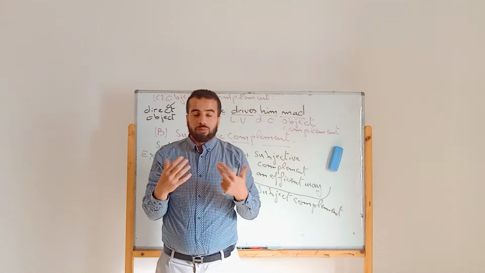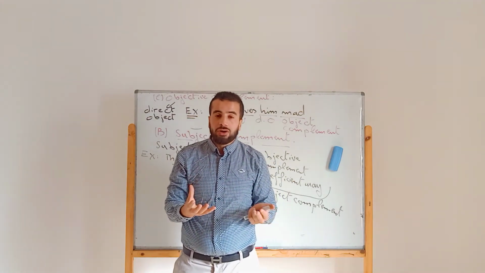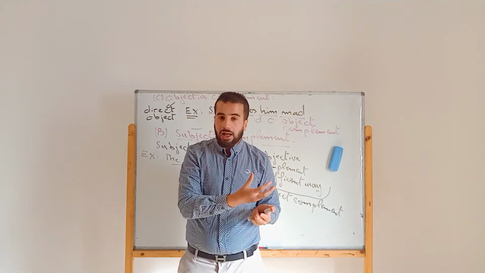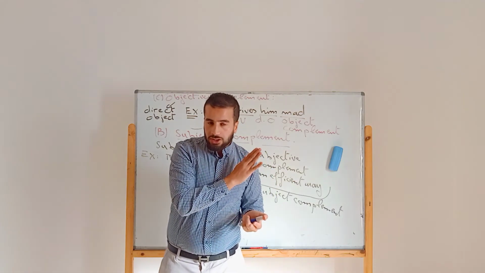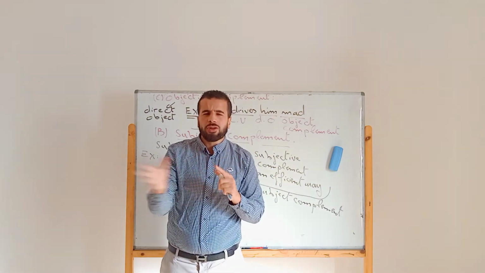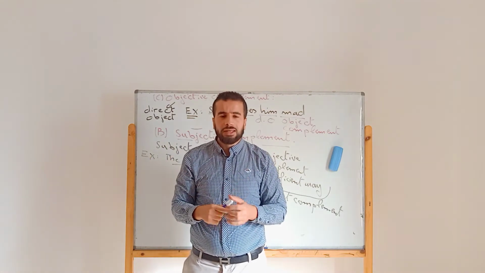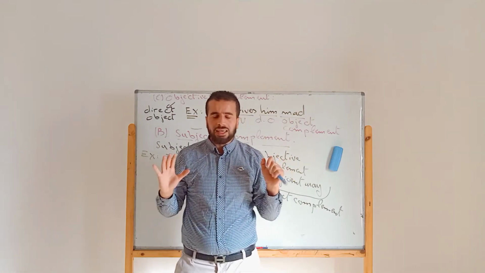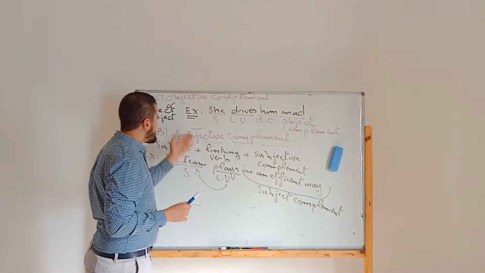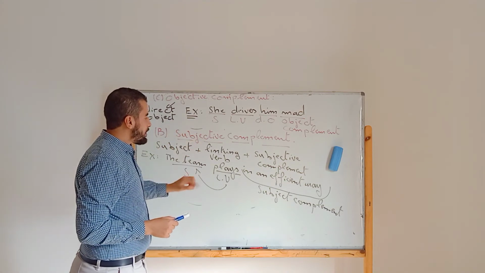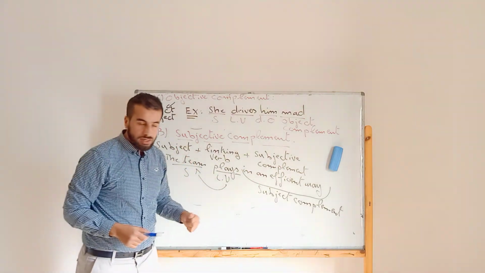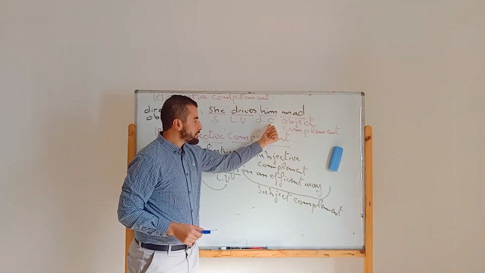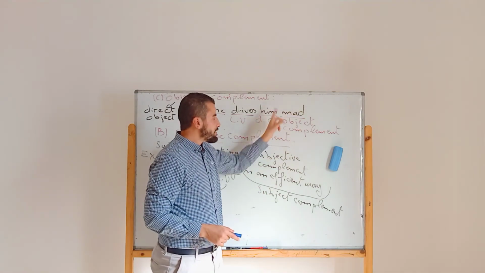The predicate completes or gives us information about the subject. It includes the linking verb and all the direct, indirect, all of them, they are called predicates. So when they are included together, we create predicate. This is easy and simple. Subjective complements describe the subject, whereas objective complements describe the direct object or the object.